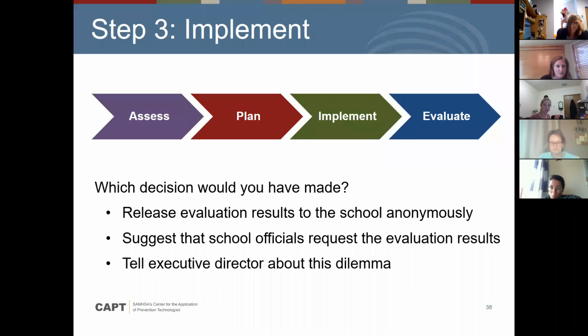Would you suggest that school officials request the evaluation results, or would you tell the executive director about the dilemma? Maybe just chat into the chat box. We'll say 1, 2, 3. I have a poll. Go ahead and fill that out, and once Dodie sees most have answered, we will launch it and see what you guys thought.